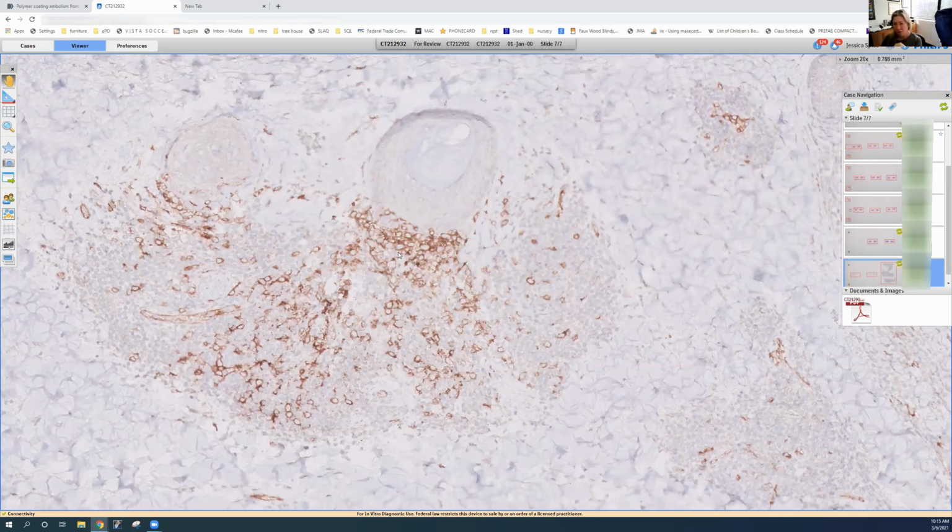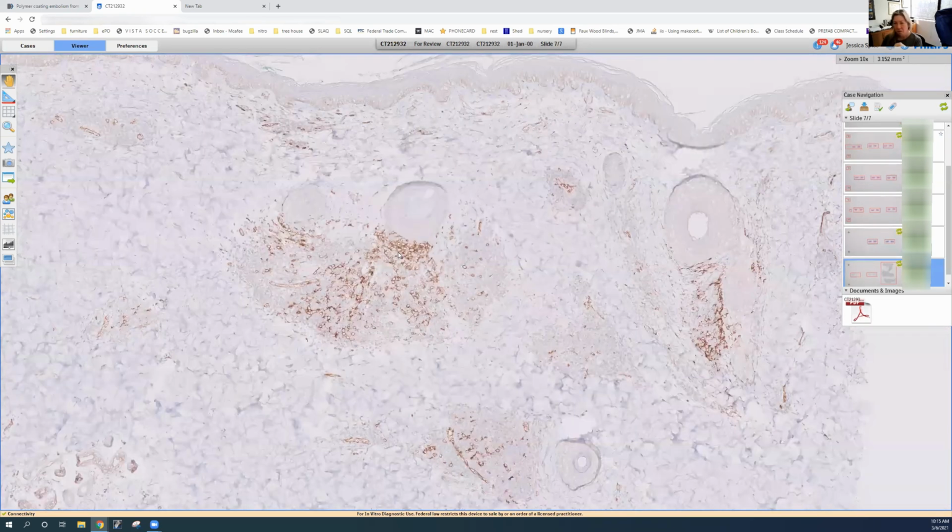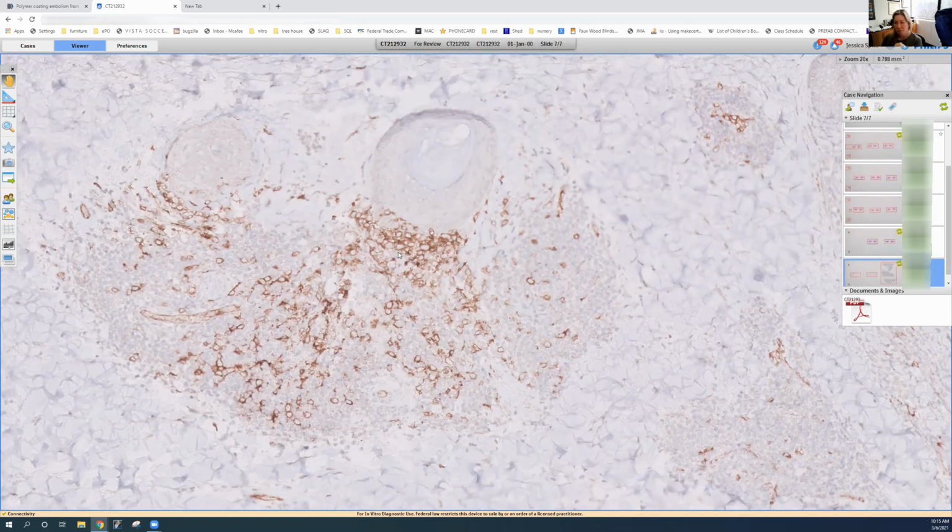In my experience, not all lupus has clusters of CD123 positive cells. But when they're there, it's really nice to help out with your diagnosis of lupus. But it is a little bit controversial. Different dermatopathologists will tell you different things about CD123.